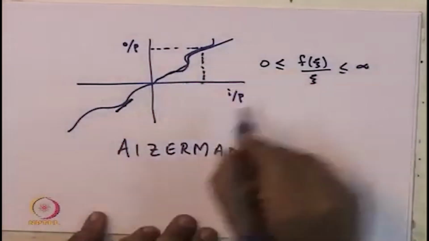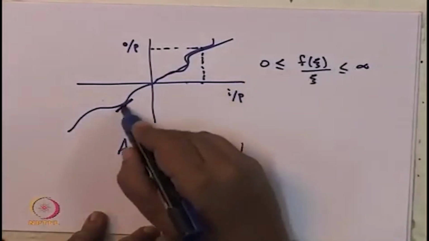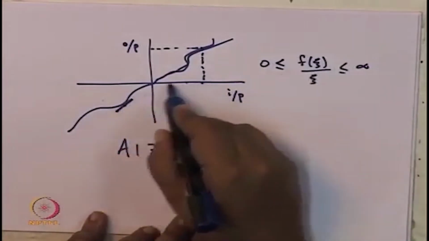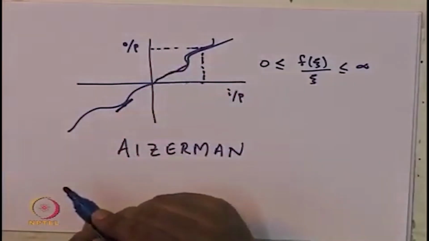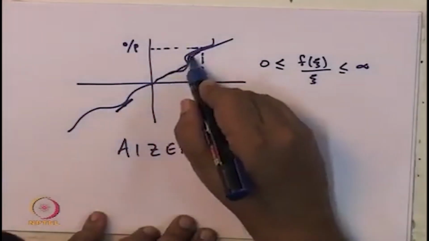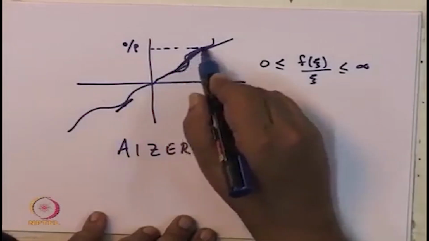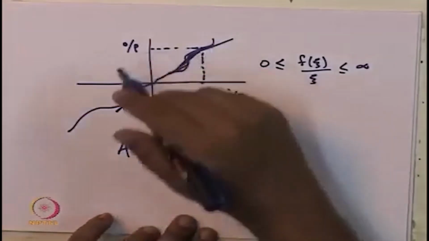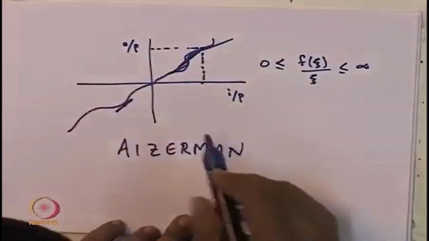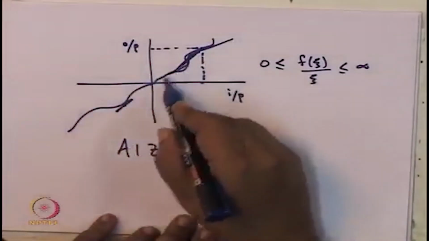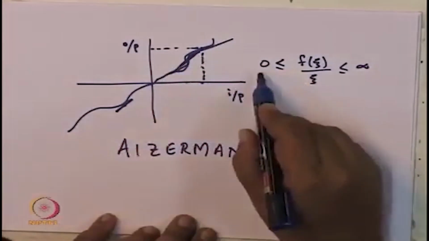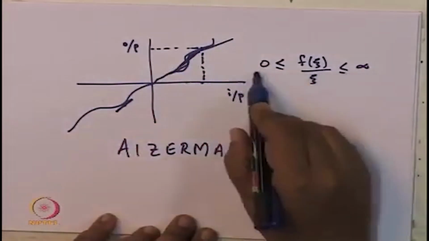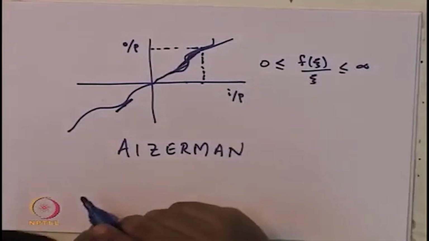So, this is a nonlinearity whose instantaneous slopes lie between 0 and infinity.